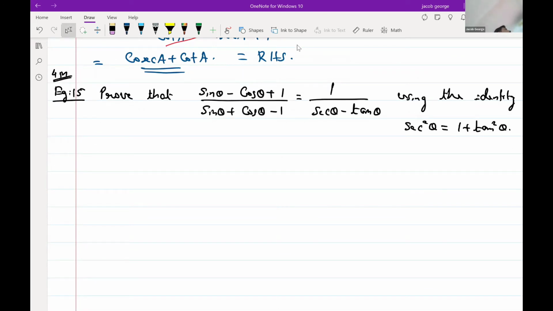Please prove that sin theta minus cos theta plus 1 whole divided by sin theta plus cos theta minus 1 is equal to 1 by sec theta minus tan theta, using the identity sec square theta is equal to 1 plus tan square theta.